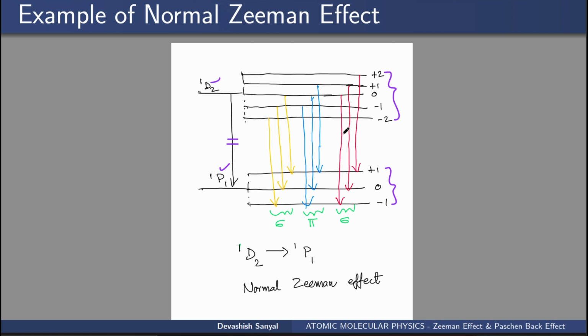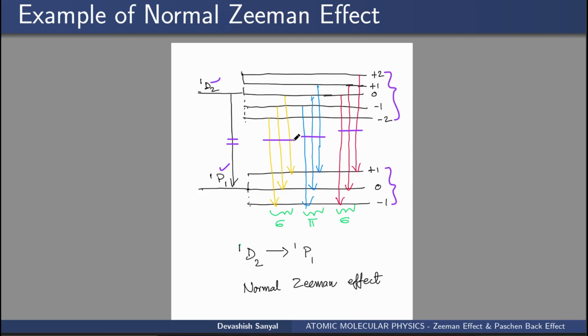This set corresponds to delta ML equal to minus 1, so they correspond to one particular wavelength. This corresponds to delta ML equal to 0, and this corresponds to delta ML equal to plus 1.